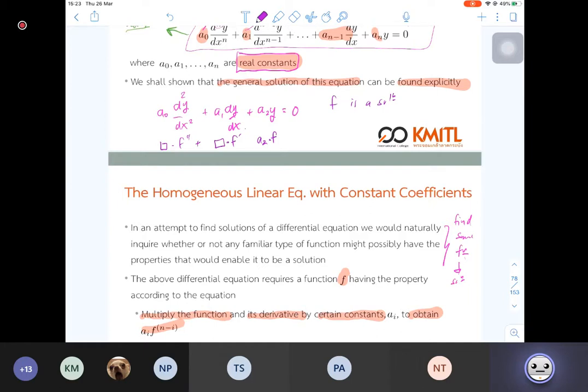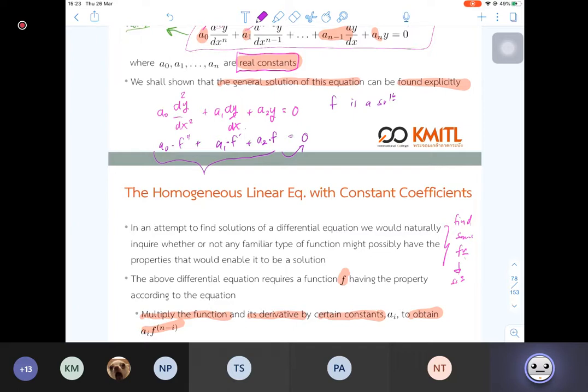Because I put a sub 0, a sub 1. Okay. And then when we sum those terms up, we need to have 0, right? So these are the properties of the function that we would like to have.